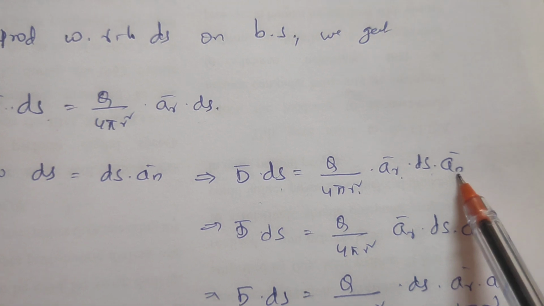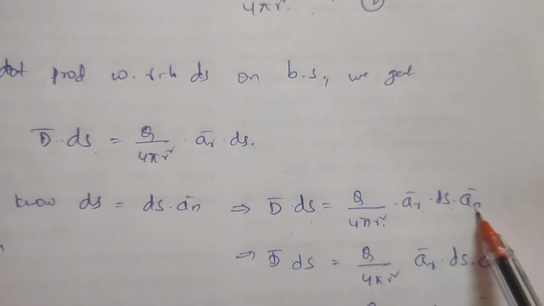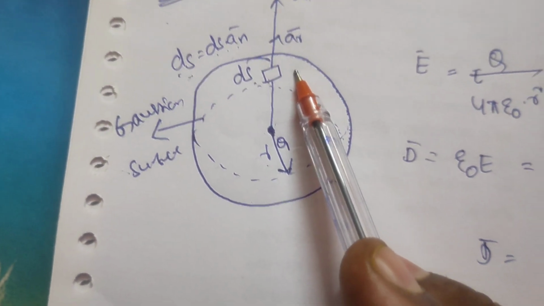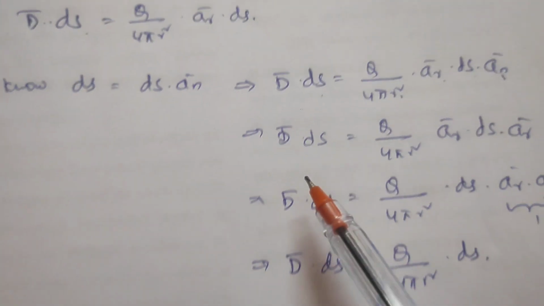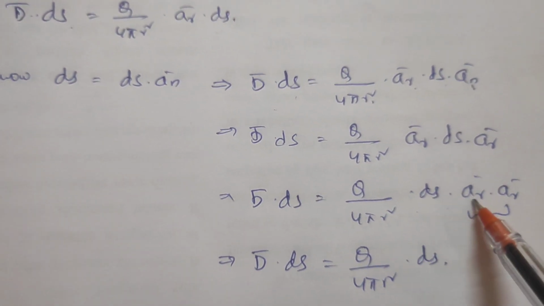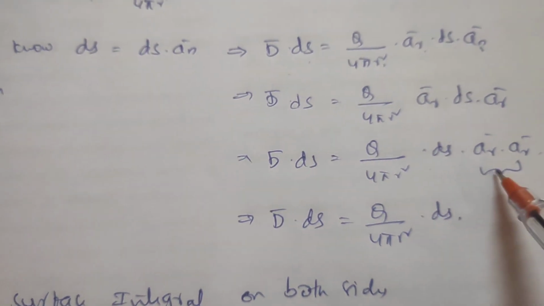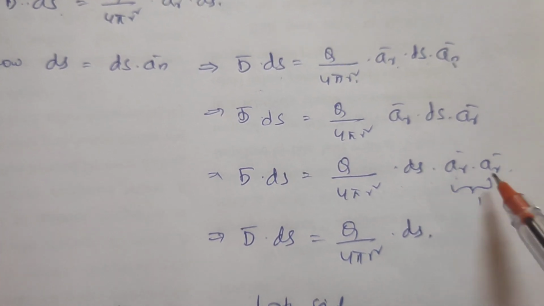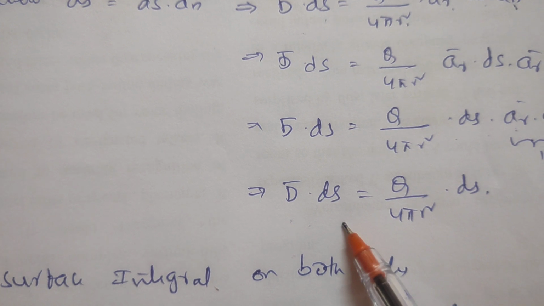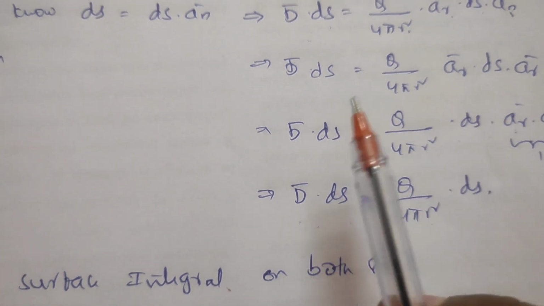This an is the unit vector normal to the surface, which is equal to the unit vector ar. Therefore D dot ds becomes q by 4 pi r square into ds into ar dot ar. Here the dot product of two like vectors is 1. Therefore D dot ds is equal to q by 4 pi r square into ds.